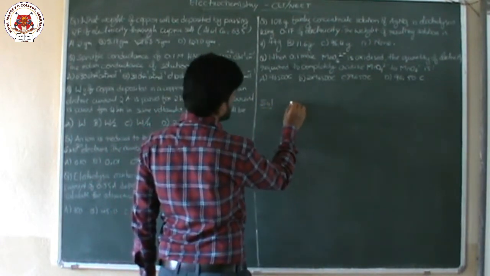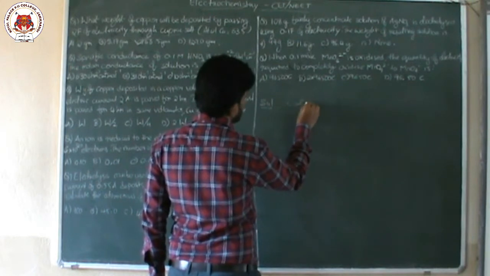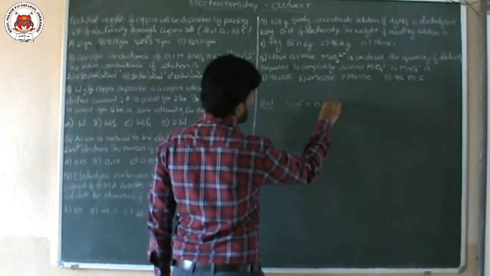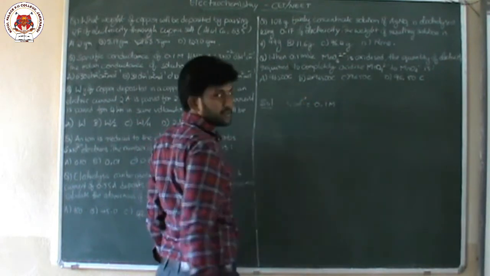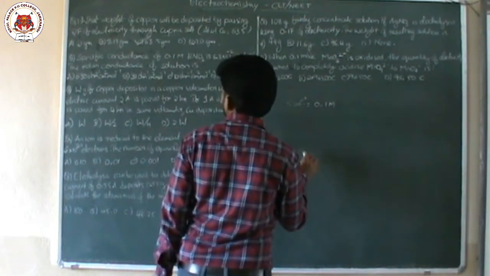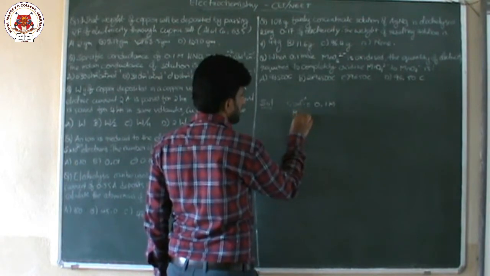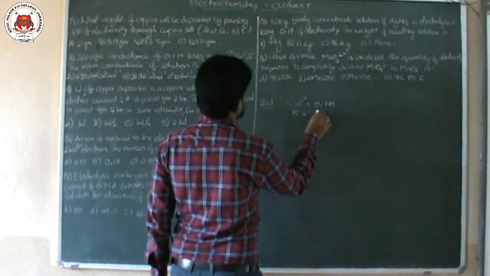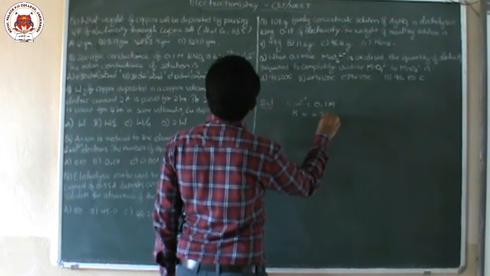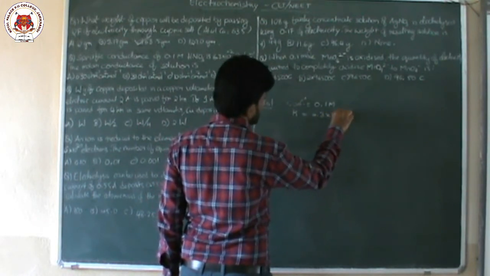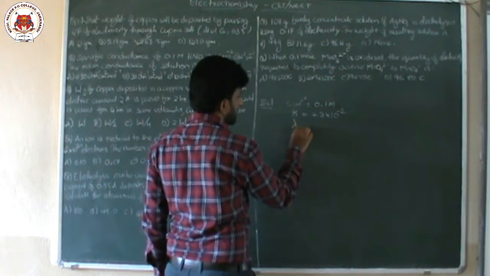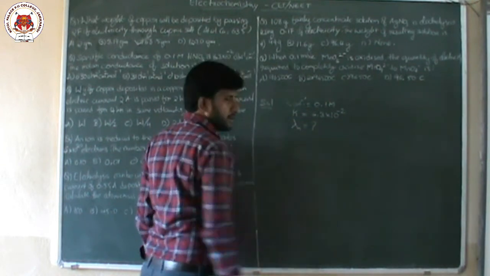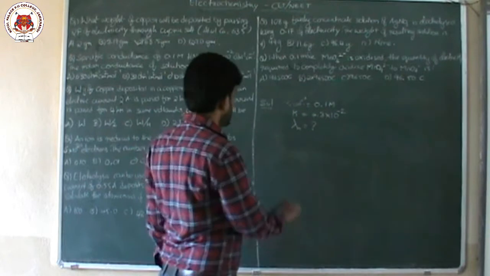First, concentration is given: 0.1 molarity. Specific conductance is K value, 6.3 into 10 raised to minus 2. And what they want is molar conductance, lambda m. So what is the formula?